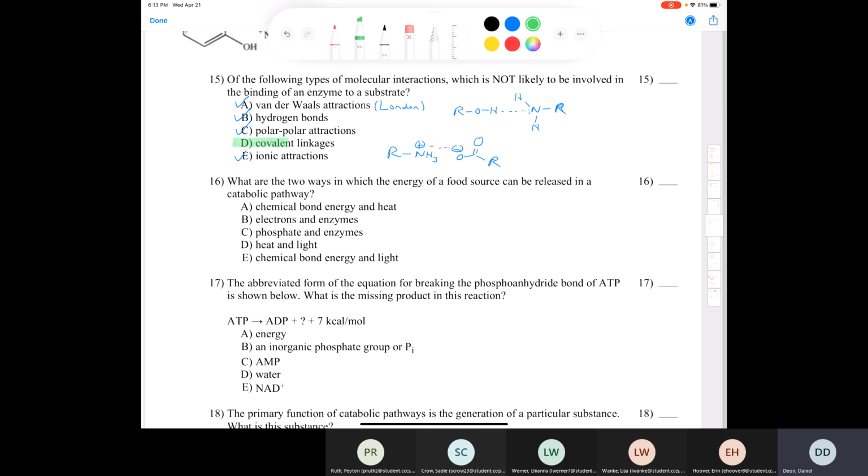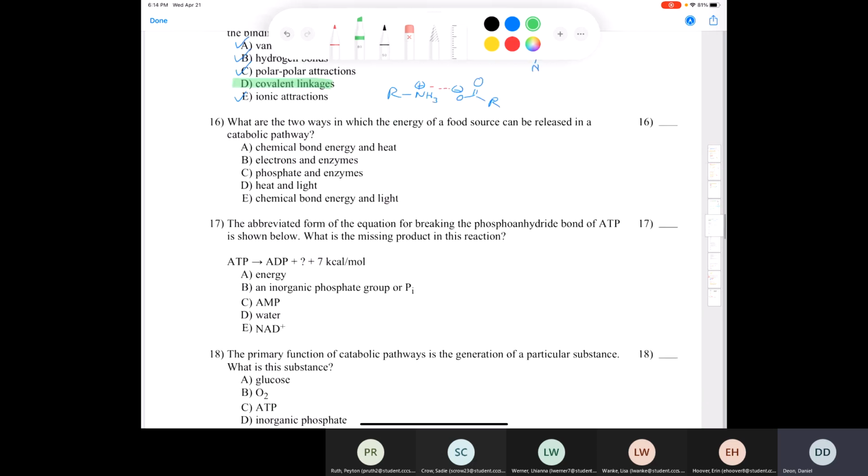But to have a covalent bond, covalent bonds are very, very strong. They're much stronger than any other of these intermolecular forces here. When we think of covalent bonds, that's when you would have something called an irreversible binder, like maybe a poison, that would bond to a substrate and it wouldn't let go. So covalent bonds are not likely to be involved in the binding of an enzyme to a substrate.